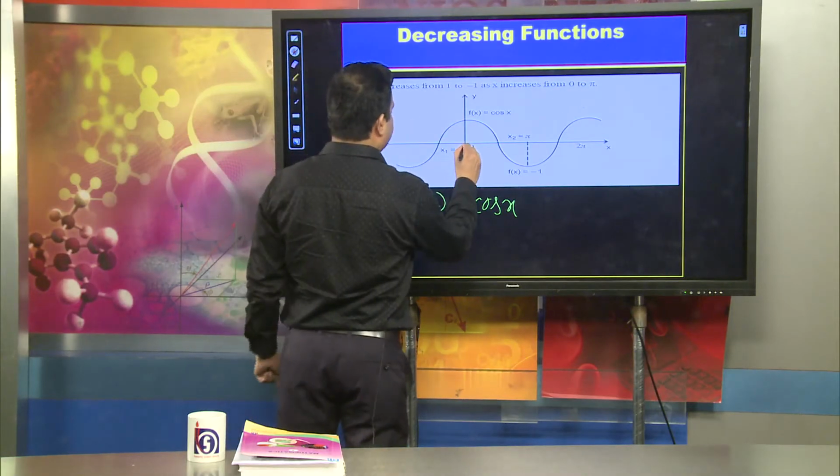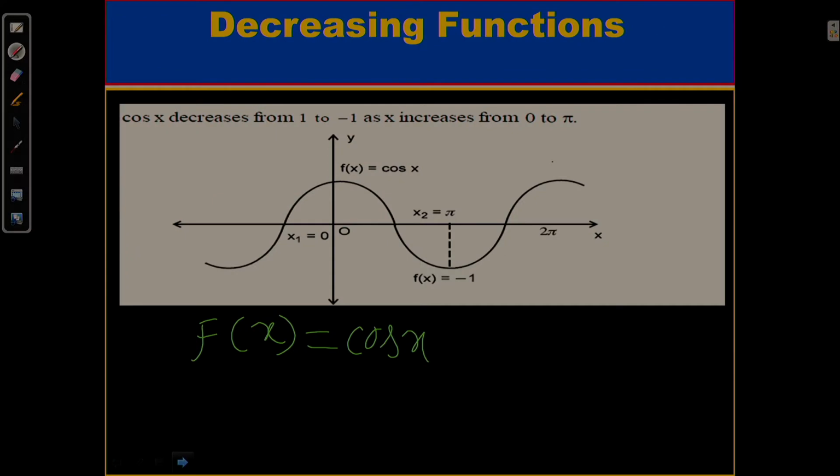At x1 equal to 0, the value is 1, and up to pi, the value goes to minus 1. You see it has started decreasing. From this point it again starts increasing.